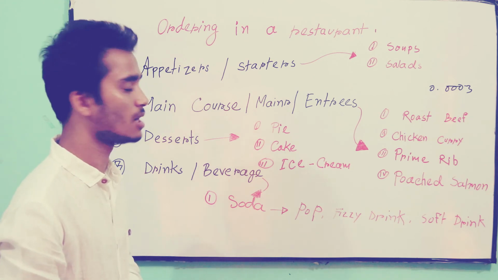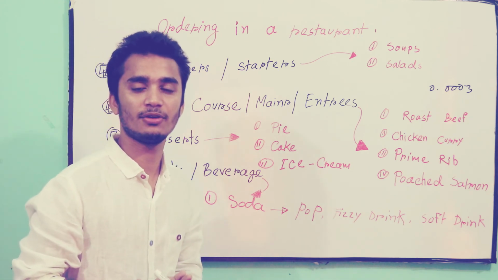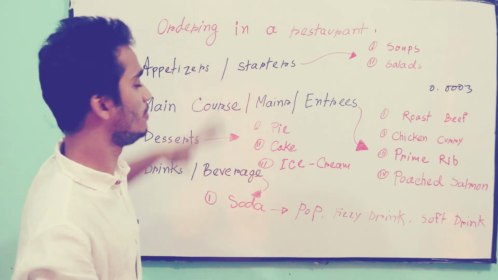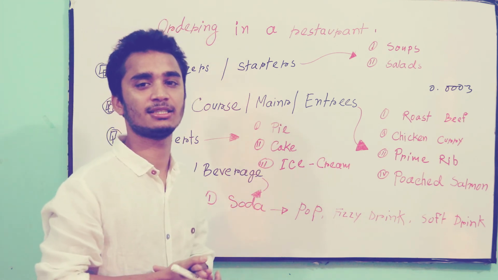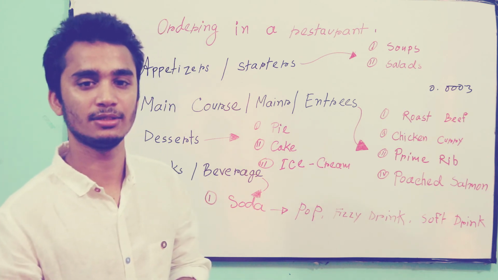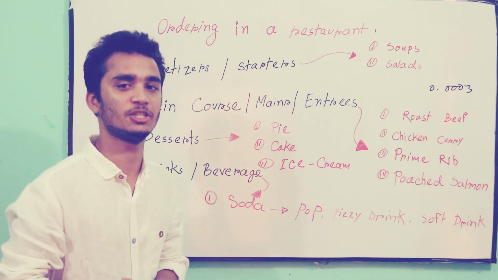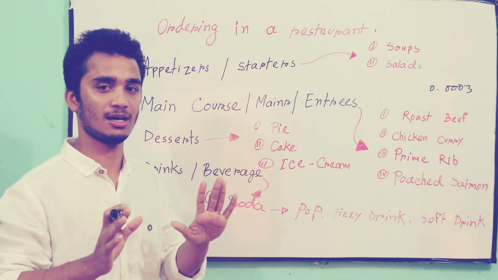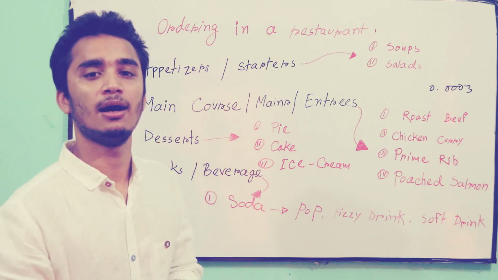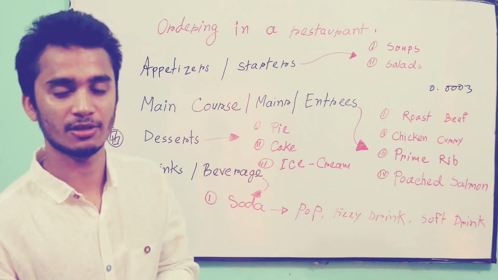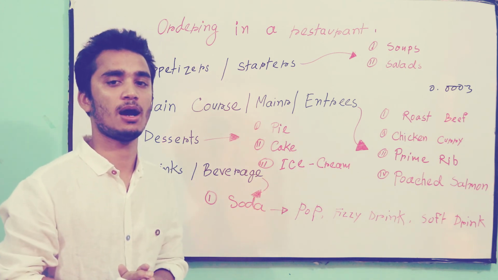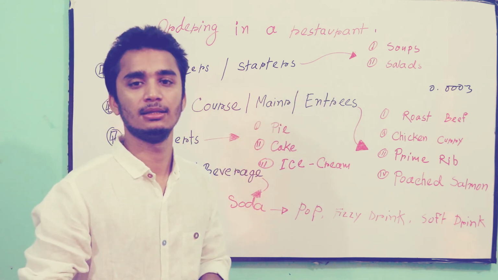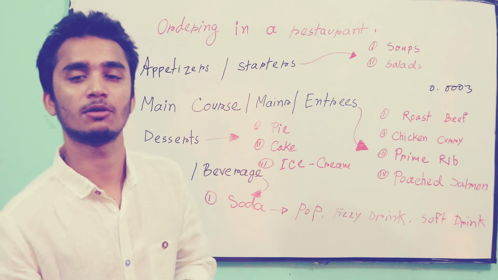Okay, this is about today's topic, and I hope you guys will be able to understand the charts, and next time when you order in a restaurant, you can speak English, because now you know which things you can face in the restaurant and which questions you can ask. You can ask questions about all of those things.